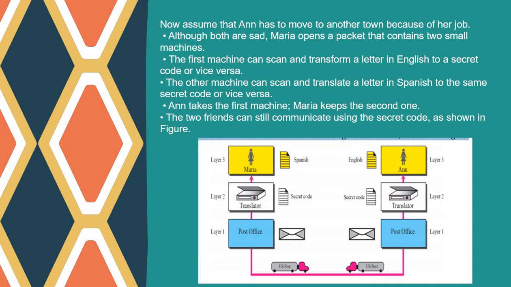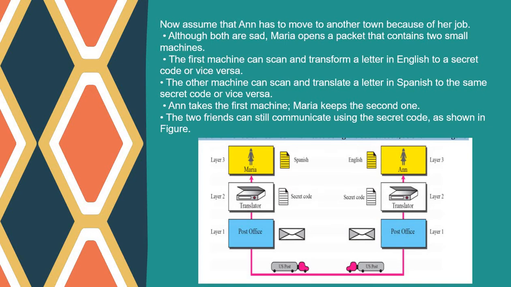In the same way, another machine can be used for scanning and translating the Spanish language. Both keep a machine. The two friends can still communicate by using the secret code. You can see the following figure, so you will get the idea.